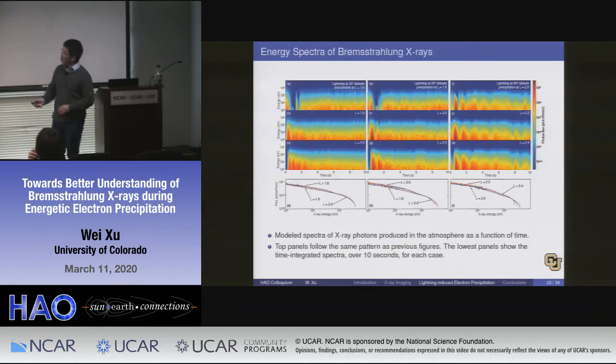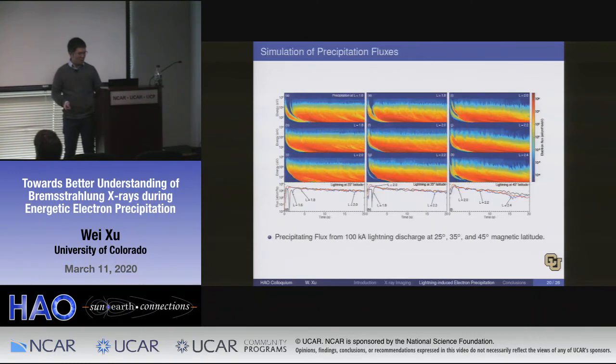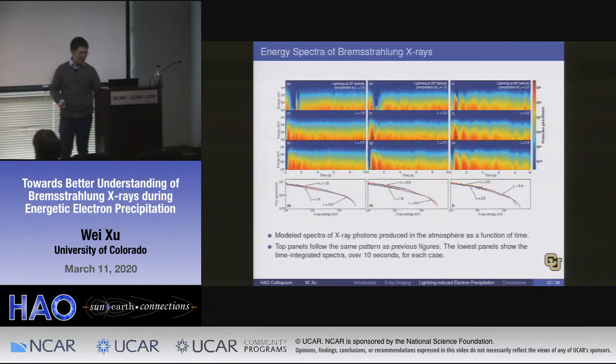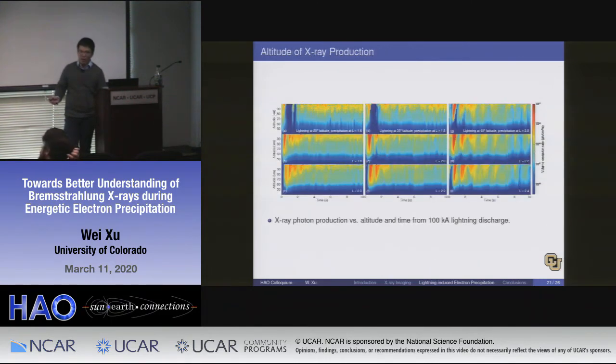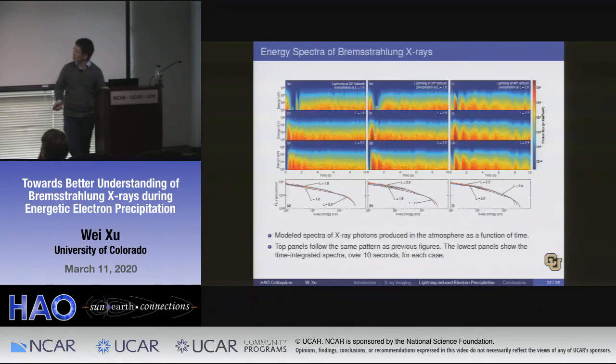This is the corresponding energy spectra of Bremsstrahlung photons, and the bottom panels show the integrated energy spectra. If we compare this figure directly with the source, especially the high energy component, it's pretty clear. This part is basically a reflection of the high energy component, because this part is more efficient in Bremsstrahlung production.